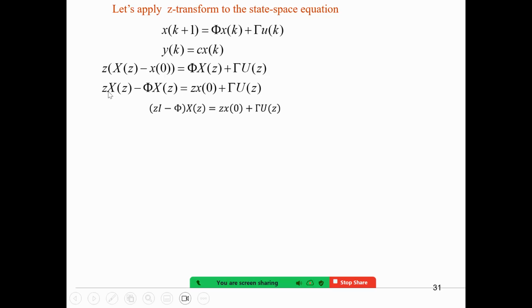Then putting this together, z times the identity matrix minus the matrix, times X, equals z x0 plus gamma U of z. Okay? Then we can solve it by multiplying both sides by the inverse of this matrix. We will get the solution of X in the z domain.